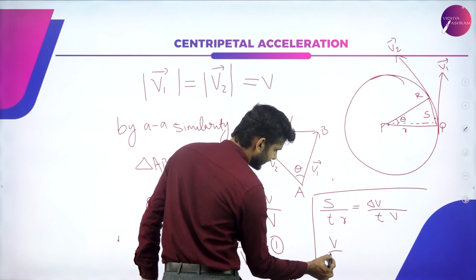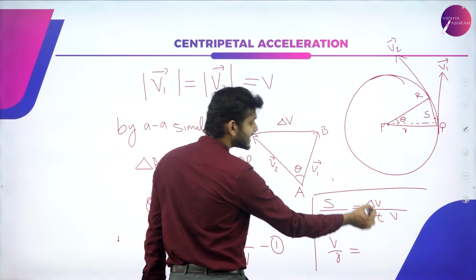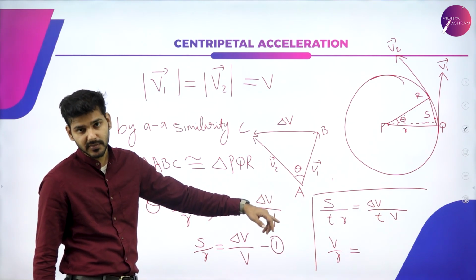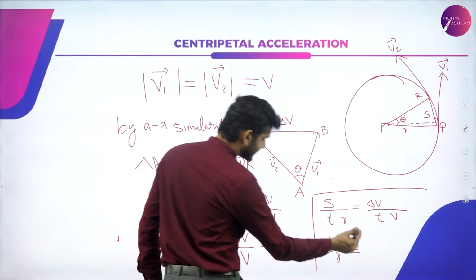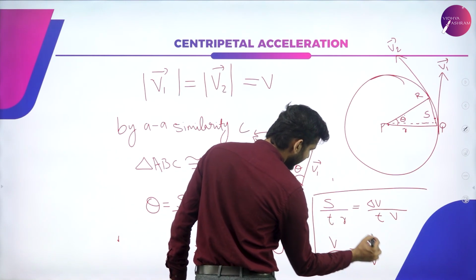So velocity divided by radius is equal to delta V by T, that is change in velocity divided by time, which is nothing but acceleration, divided by V.